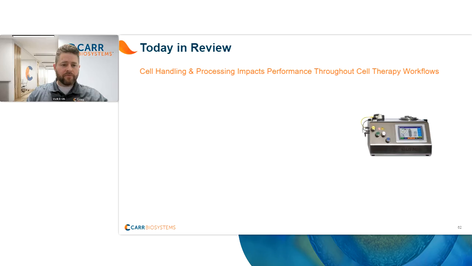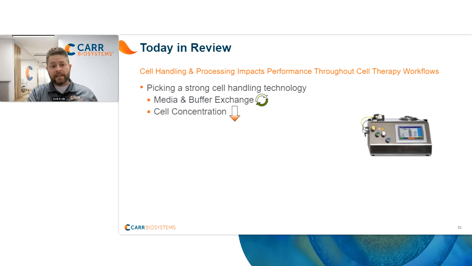So as we wrap up for today, today in review, as we talked about early with these cell handling processes, picking the right technology can have important outcomes in terms of how you perform in the long term and how you perform in the short term, and how your scale down is predictable for your scale up.